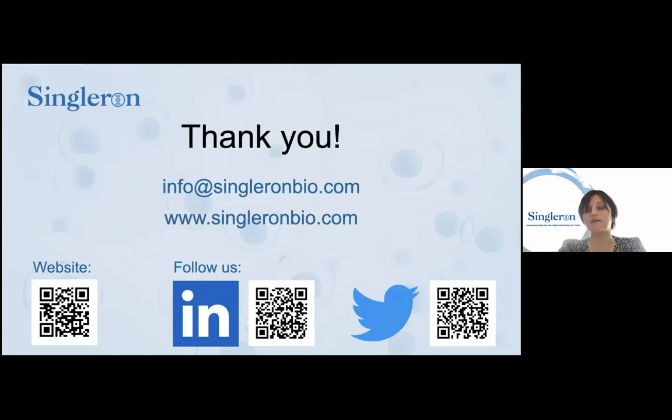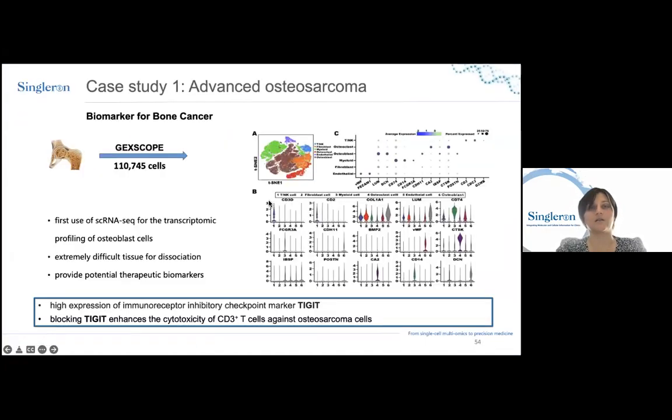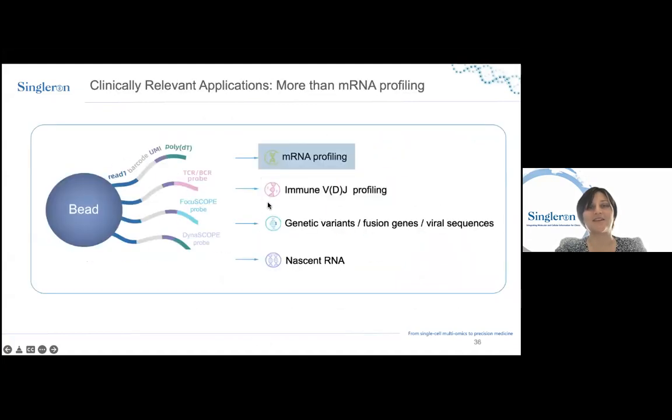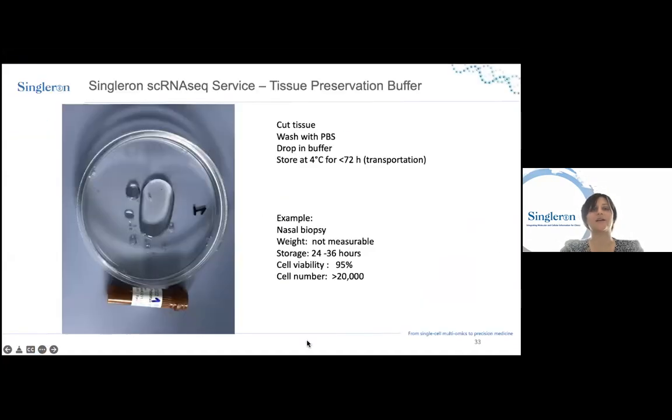But I have to say that, for instance, in the picture that I have been showing you of the nasal biopsy that was sent to us, the weight was not even measurable, and we were still able to successfully dissociate this tissue, prepare the library and get single cell RNA-seq data from it. So our recommendation is about 100 milligrams, but lower amounts are possible. However, we cannot guarantee that it will work out.